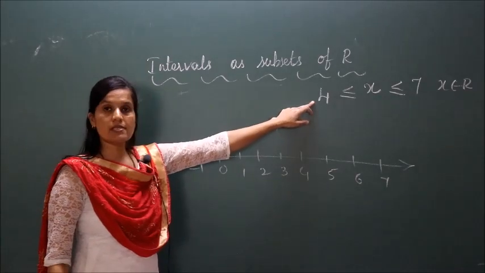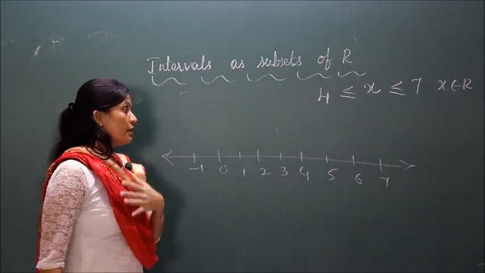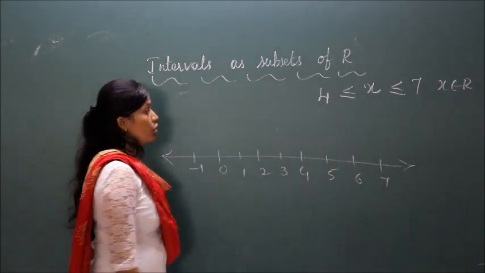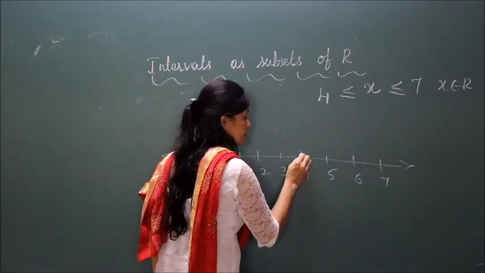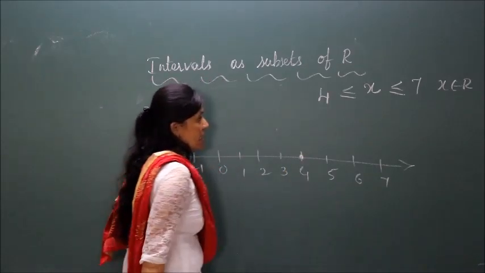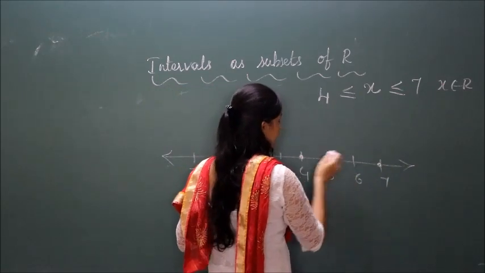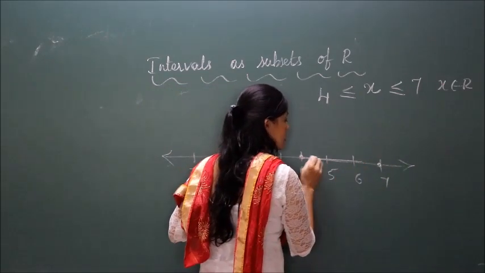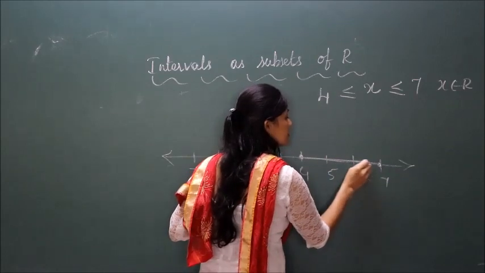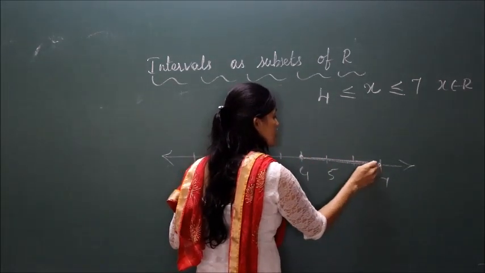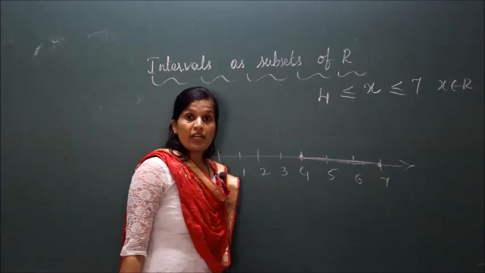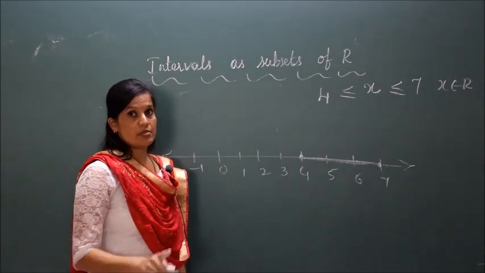X is greater than or equal to 4, less than or equal to 7. And throughout this, you have to thicken the line. This is how I am representing the numbers when it is a set of real numbers.